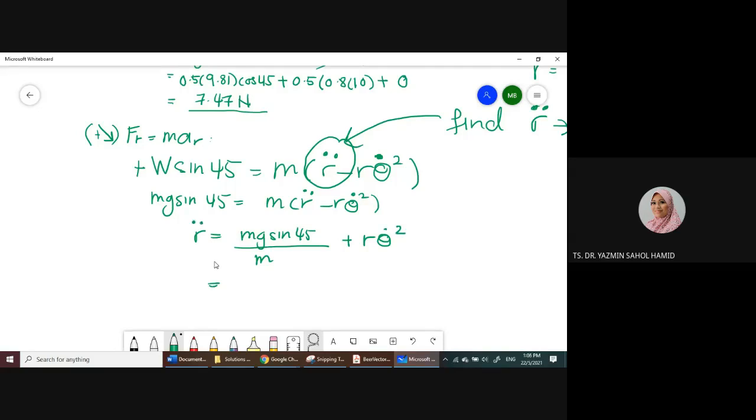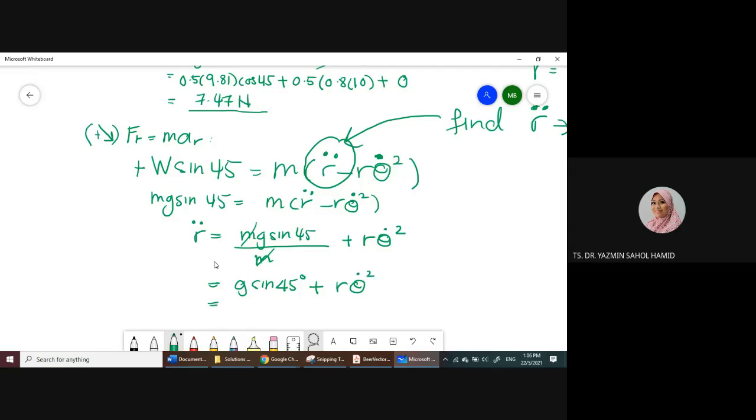Okay, so this one you can cut. So we are left with g sine 45 degrees plus r theta dot squared.